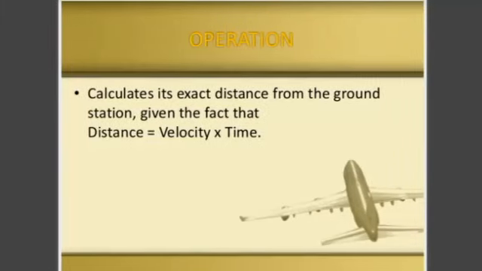The total distance we can calculate by multiplying time with the velocity of the EM wave. If we multiply the velocity of the EM wave with the time difference minus 50 microseconds, we will get the total distance from aircraft to ground station plus ground station to aircraft. That is double the distance between the aircraft and the ground station.